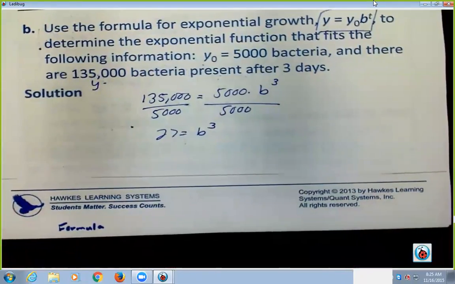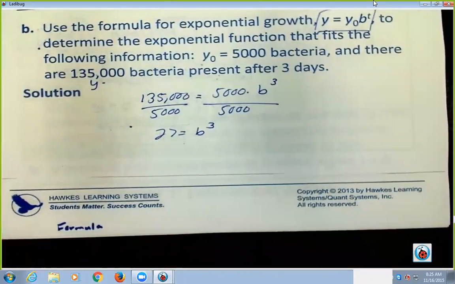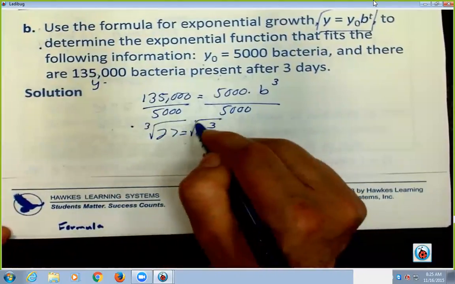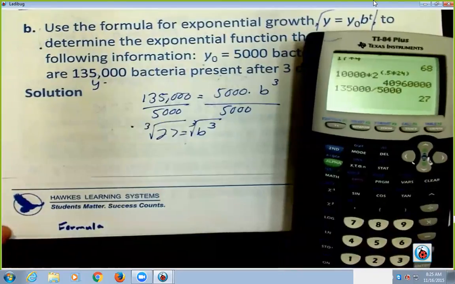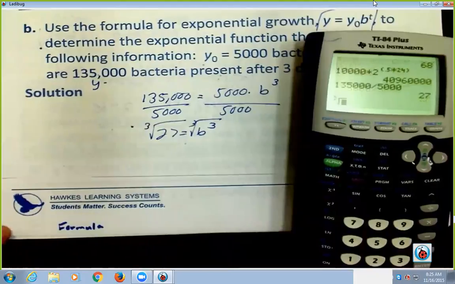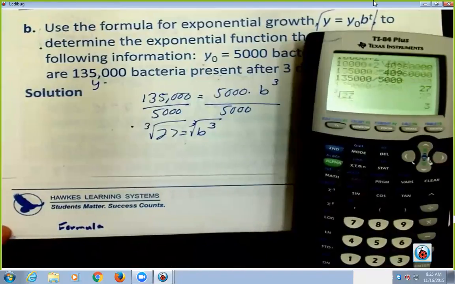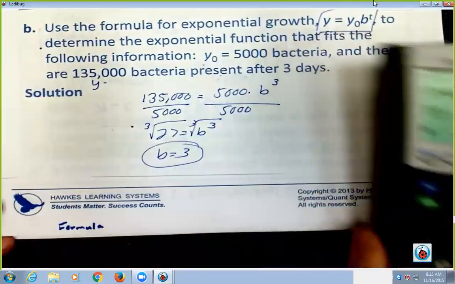And so what is b? Well, we know from chapters 9 and 10 that we can take the cube root of each side and find out what that value would be. So my cube root is underneath math, number 4. Type in 27, hit enter, and I find out that b is equal to 3.